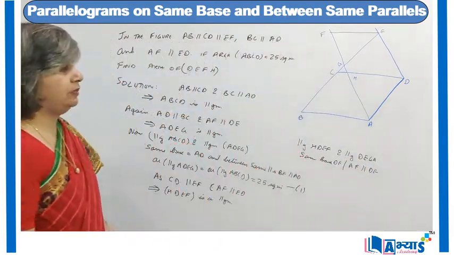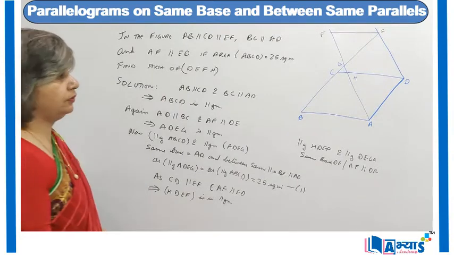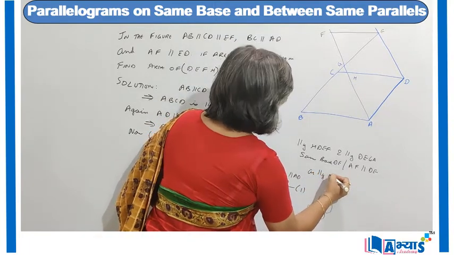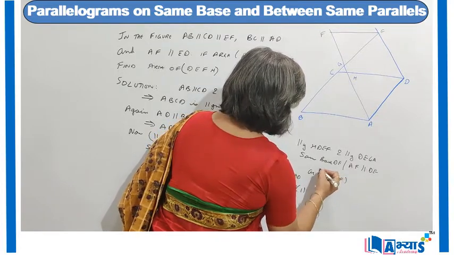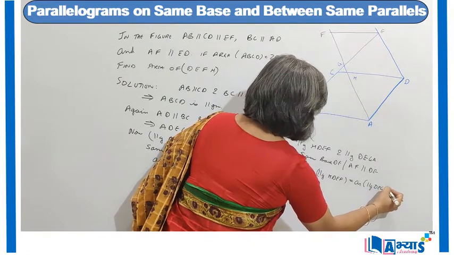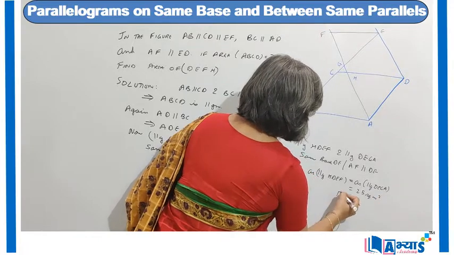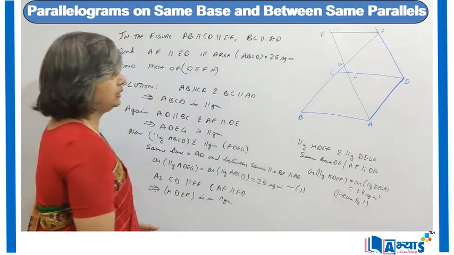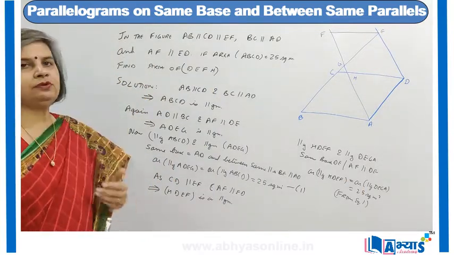So they lie on the same base DE and they are between the same parallels, AF and DE. So therefore area of parallelogram HDEF is equal to area of parallelogram DEGA, which is equal to 25 square meters from equation 1. So we can say that the area of parallelogram HDEF is equal to 25 square meters.